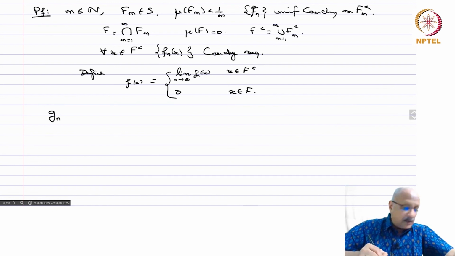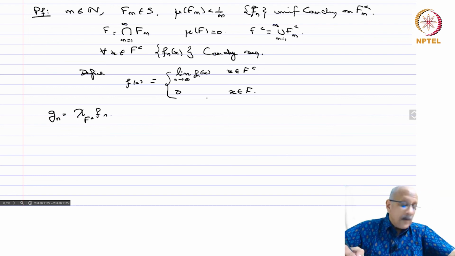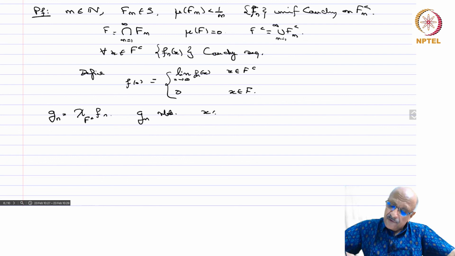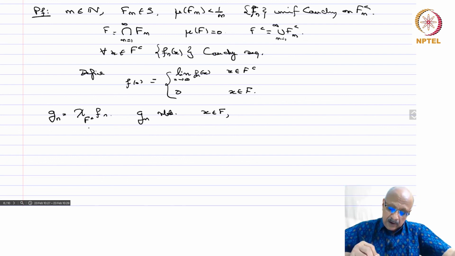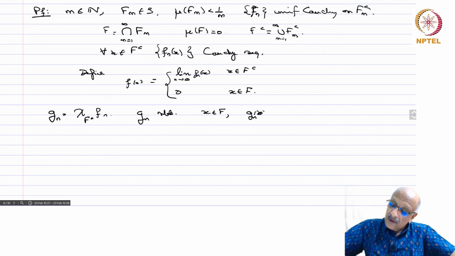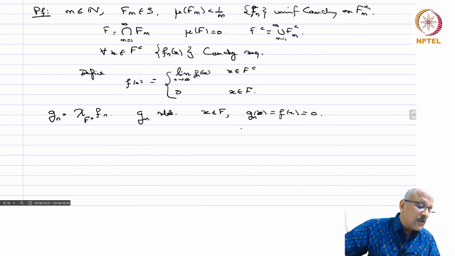Now you define Gn to be equal to chi of F complement times fn. It's a product of measurable functions, so Gn is measurable. If x belongs to F, f(x) is 0, and Gn(x) is also 0 because chi of F complement is 0.